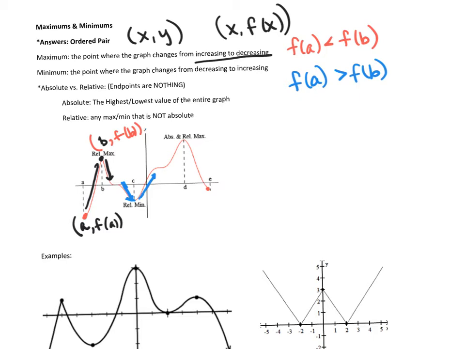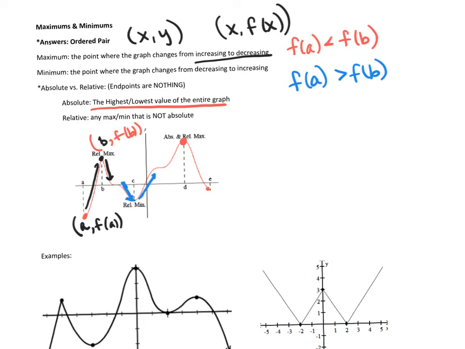We call it an absolute. The word absolute means this is the highest or lowest value on the entire graph. We're going to call it absolute maximum or minimum. So it has to be a highest or lowest changing point on the graph. And you can only have one absolute on the graph.